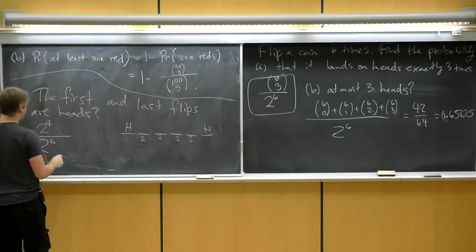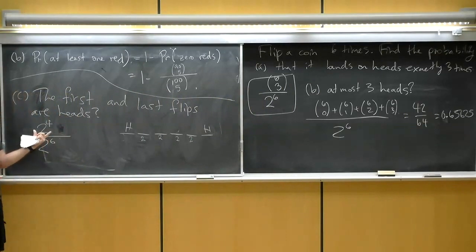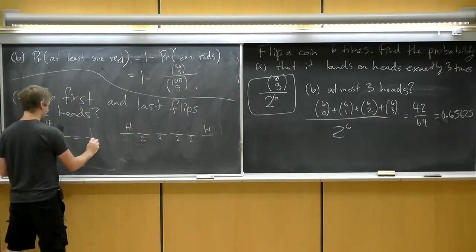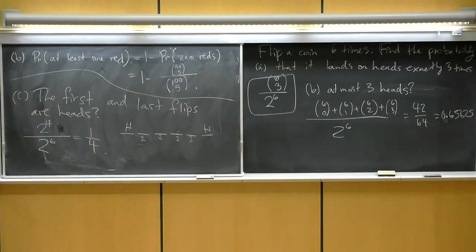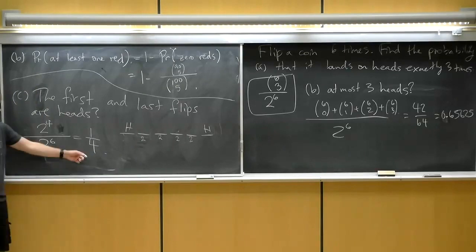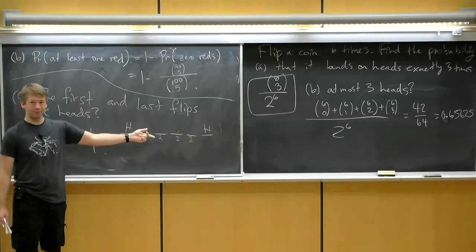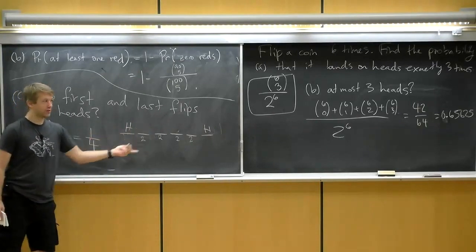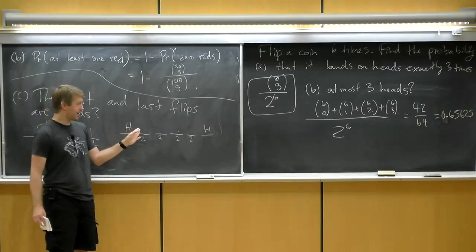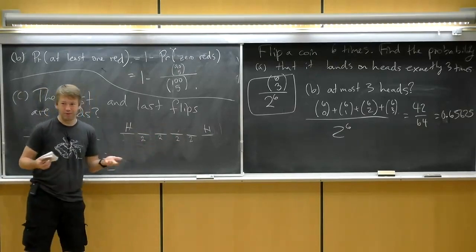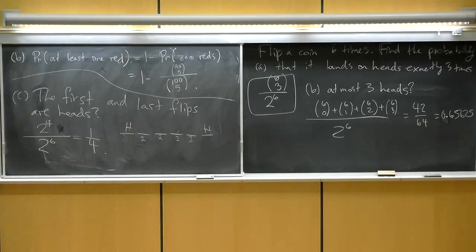So there's that many ways to flip a coin 6 times such that the first one's a heads and the last one's a heads. And that just boils down to 1/4. Which kind of makes sense, because the probability the first one's heads is a half, and the probability the last one's heads is a half. If we're ignoring all of the other ones, you would think it should be about 1/4. But formally, that's how you can compute it.